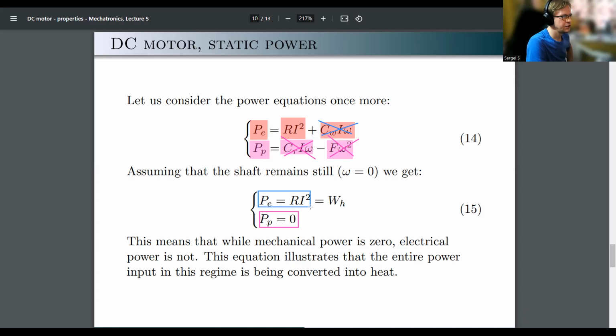So there will still be a power of heating. That means that while mechanical power is 0, electrical power is not, and this means that the entire power input will be converted into heat, which has to dissipate from the motor windings.